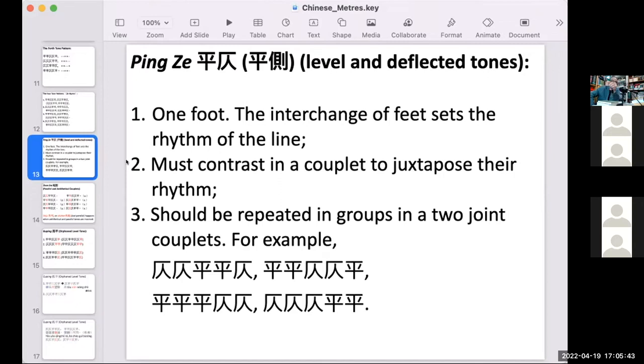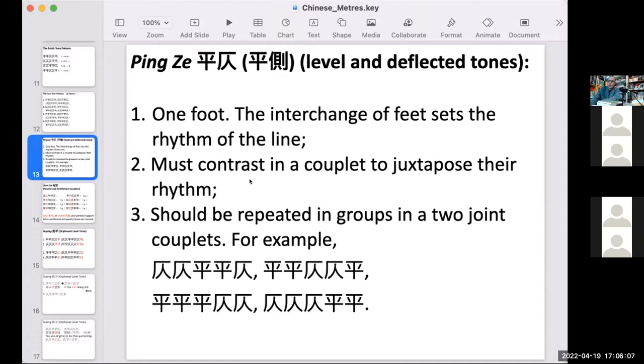So it ends with ping, ping, ping, or zi, zi, zi, or variations of both. This is called a trisyllabic foot. So the foot that consists of ping and zi could come in 2 syllables or 3 syllables, and sometimes even 4 syllables. Rarely, but it still happens.